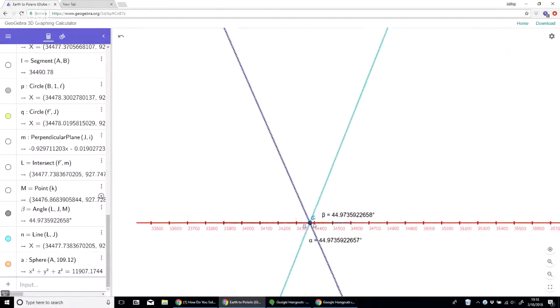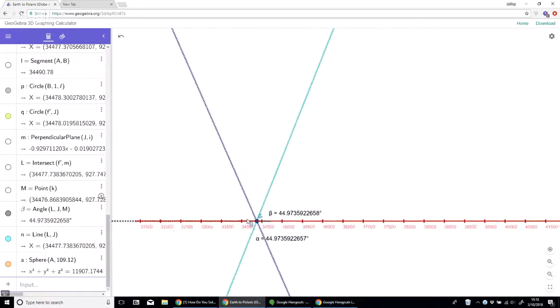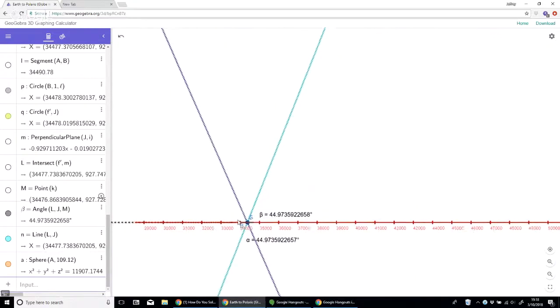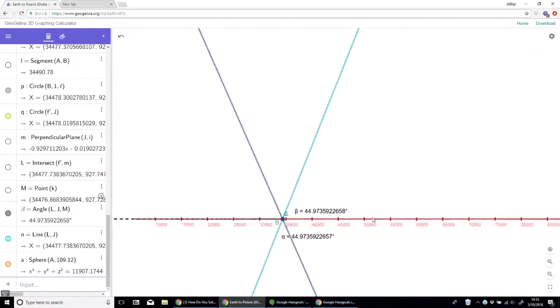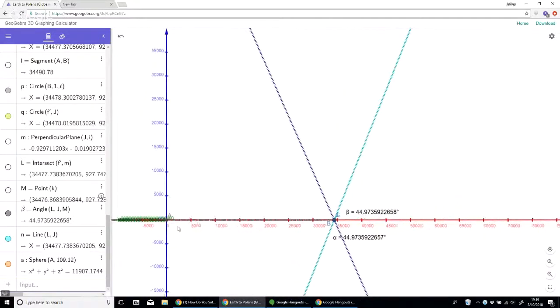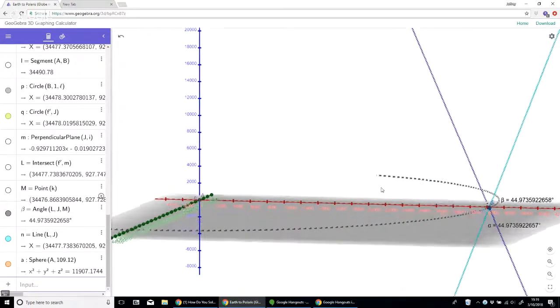I'm going to try to zoom out. There we go. See, the sun is not visible. I mean, perhaps we're having problems because of the limitations of this free graphing program that I use.